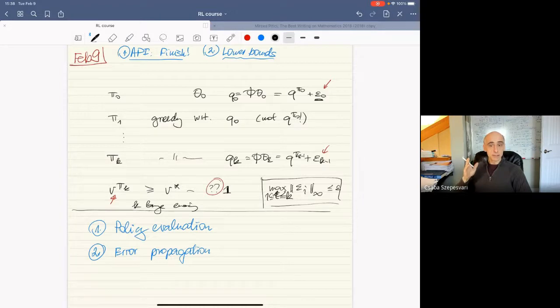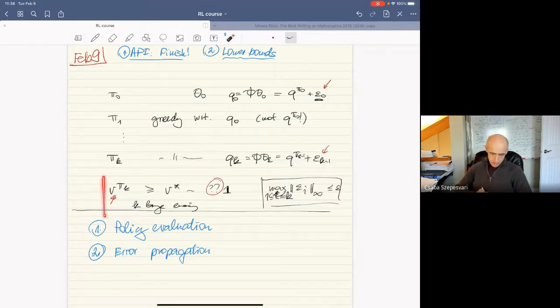And the question is going to be, how many iterations are we going to need in total to arrive at a policy which is near optimal, and how precisely should we be evaluating these policies, and how much simulation effort and computation effort goes into these policy evaluation steps.